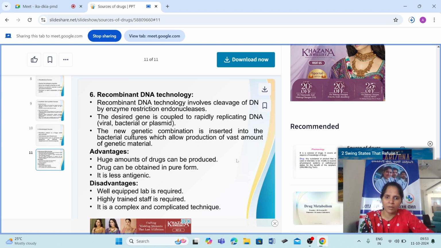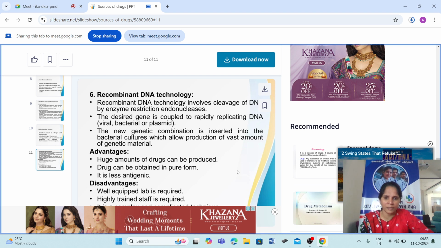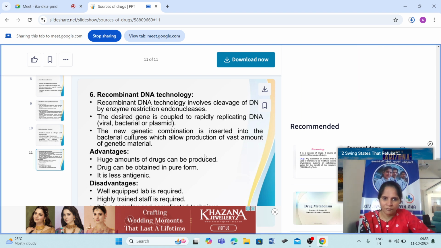So after attaching, what happened? It is inserted into the bacterial cultures, which allows the production of a vast amount of genetic material. And once it is produced, it has many advantages.